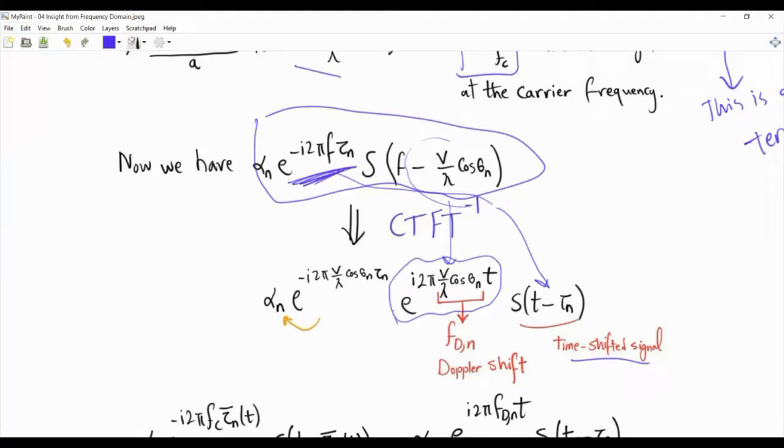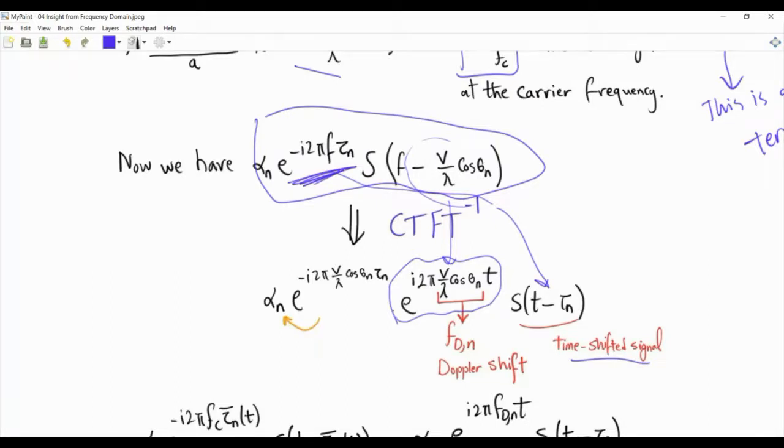So rather than having a signal with a time varying delay, based on our assumptions, and remember that we have lots of these, right? A constant v, constant theta, a carrier frequency that is much greater than the bandwidth, a speed that is much, much smaller than the propagation speed, and so on.